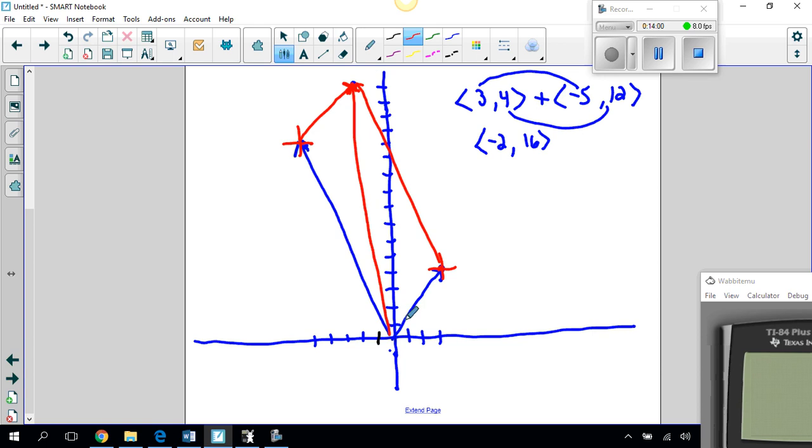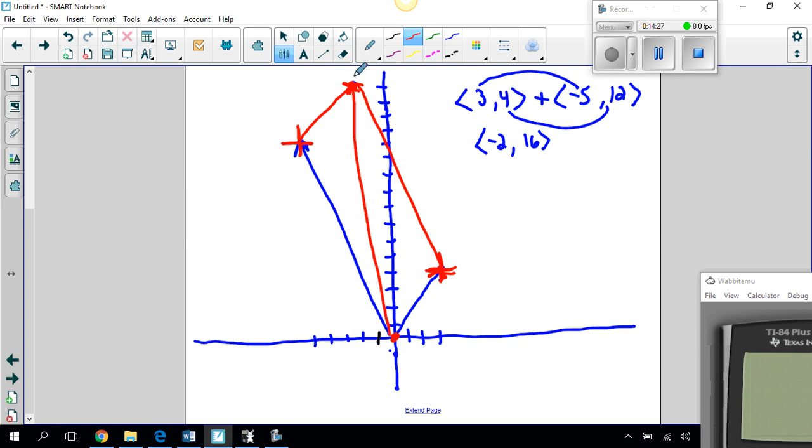If you plot this vector from head to tail, and then reset your axis, and then plot the next vector, you end up in the spot. Or if you draw the original vector and this vector, and then you set this at the tail, and you go over 3 up 4, you end up in that spot.